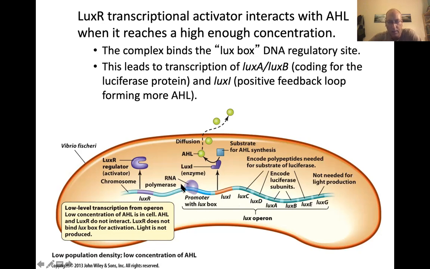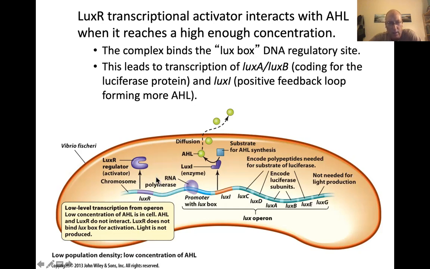So this promoter here has an operator associated with it called the Lux box, and the RNA polymerase will bind to the promoter and express it at low levels. This is kind of like the lac operon promoter in that it's a fairly weak promoter by itself, and this LuxR regulator is going to activate it to turn on the expression.